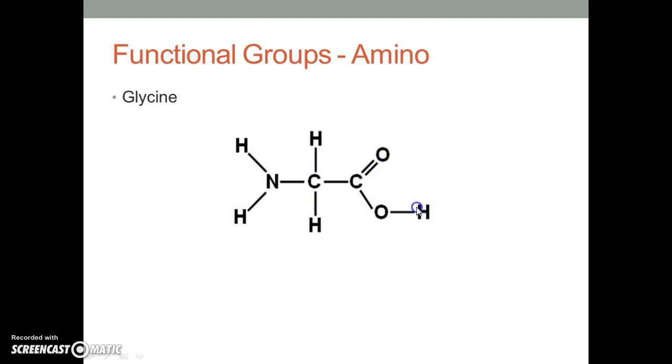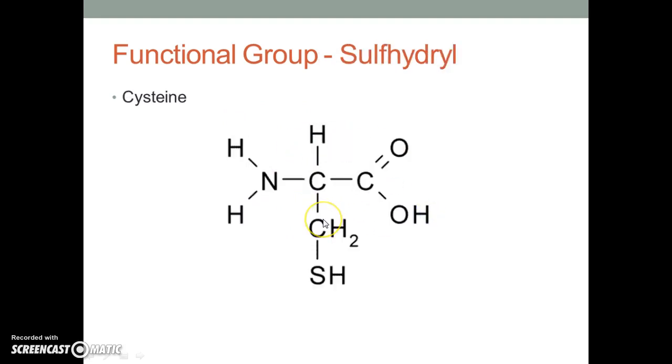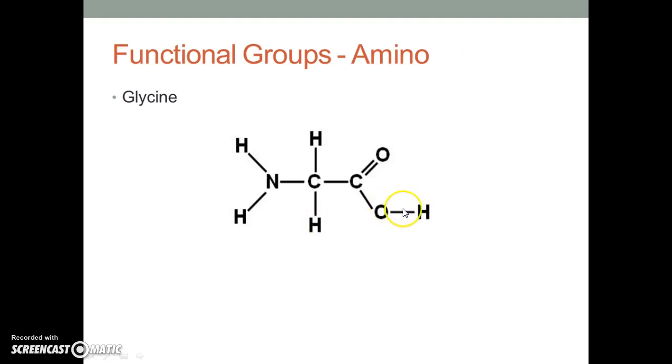Once again, this hydrogen can be donated to lower the pH, make it more acidic. However, on this end over here, the amino group, the NH2, can actually act as a base and accept a hydrogen proton, making this end become NH3. So this would be an amino acid where it has an amino group and the carboxyl group over here that can act as an acid.